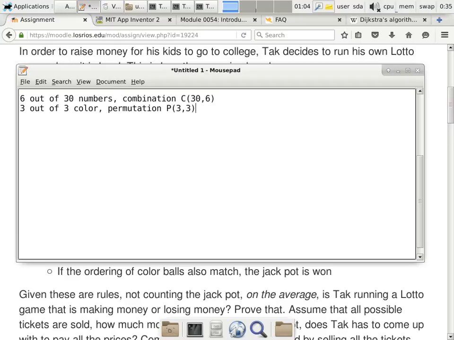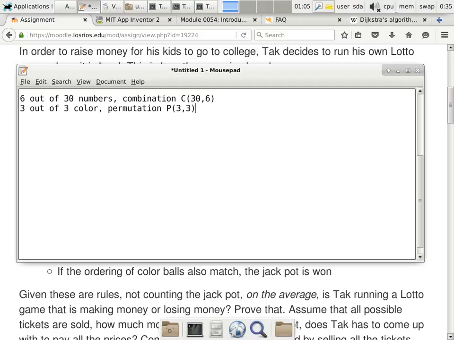Okay, so I can give you one example. Let's just say that the 6 numbers out of the 30 is 1, 2, 3, 4, 5, 6 for one particular ticket. But out of this particular number combination, I can end up with 6 possible permutations of the 3 colors, right?